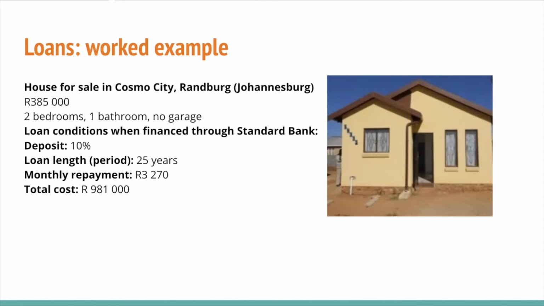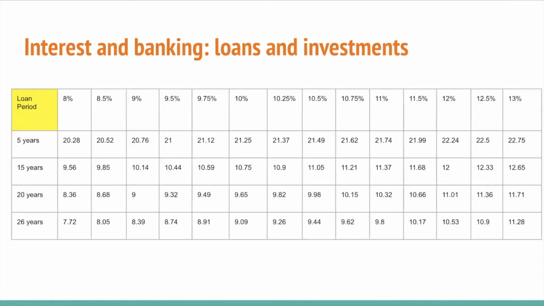One method of determining monthly repayments is: monthly repayment equals loan amount divided by 1,000 times factor. So what's the factor? The factor is a value that shows what the repayment value will be for every 1,000 Rand of money borrowed. Factors depend on the length of the loan and the interest rate.